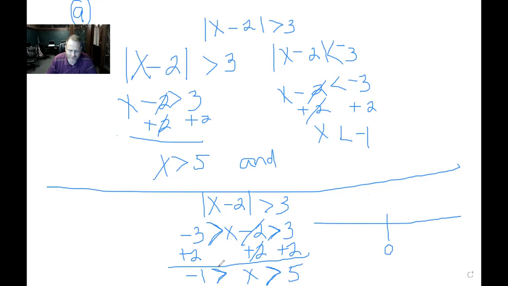This is going into the negative, so -1 and then a +5. 1 2 3 4 5. All right, and guys, we know this does not have a line under it, an equal sign under it, so we know this is open.